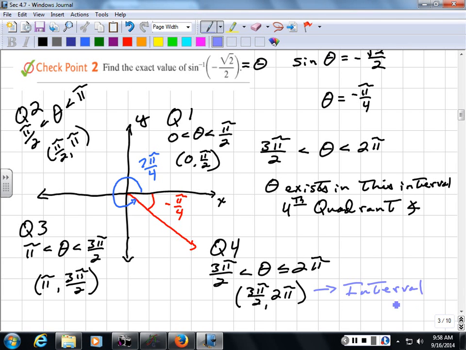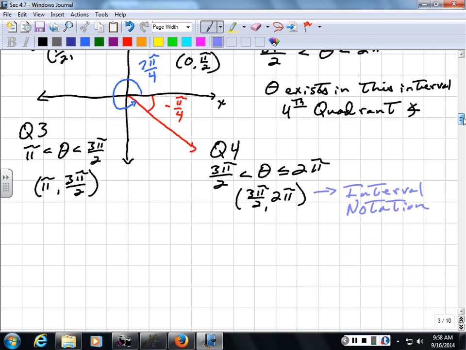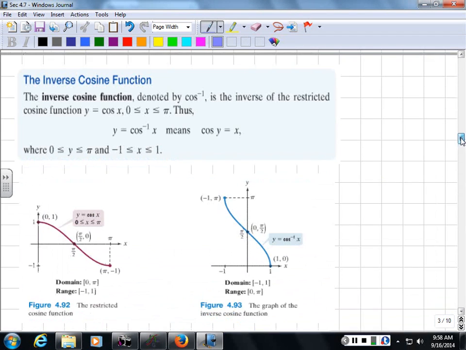Okay. You guys get the picture of what we're talking about here? Because now we're going to go ahead and talk about the inverse cosine function.